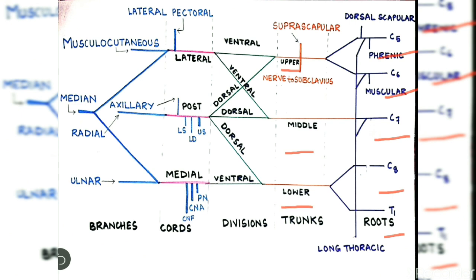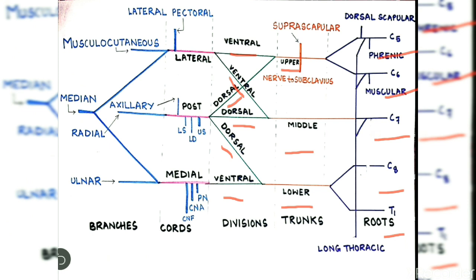Now each trunk has 2 divisions. The upper trunk has a ventral division and a dorsal division. The middle trunk also has a ventral division and a dorsal division, and the lower trunk has a ventral division and a dorsal division. Now these 6 divisions will join together to form cords.